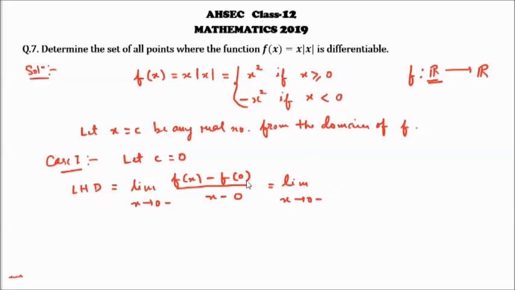At 0 minus, I know my function value takes minus x square, so f of 0 will be 0, and this will be nothing but x, simply x. So I'll be left with limit x tends to 0 minus of x. Finally I will get 0.